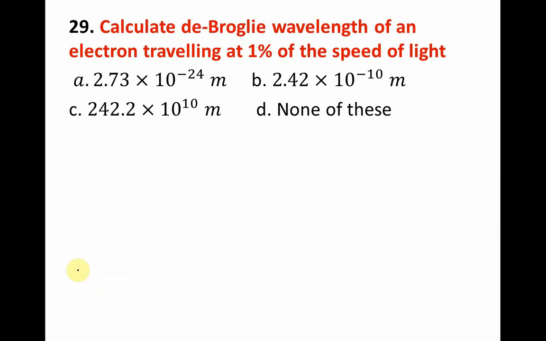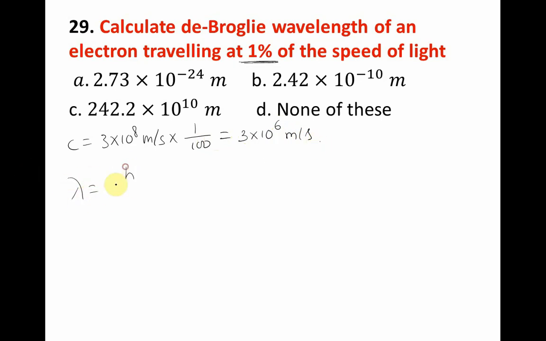Calculate the de Broglie wavelength of an electron traveling with a speed of 1% of the speed of light. The speed of light c is 3 into 10 to the power of 8 meter per second, into 1% means 1 divided by 100. That becomes 3 into 10 to the power of 6 meter per second. Now I need to calculate the wavelength.